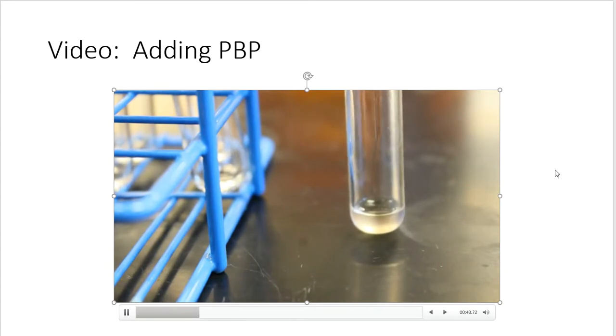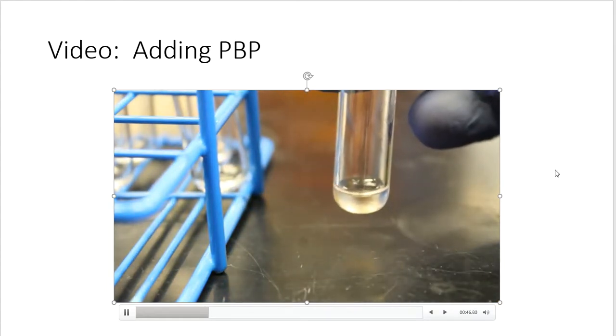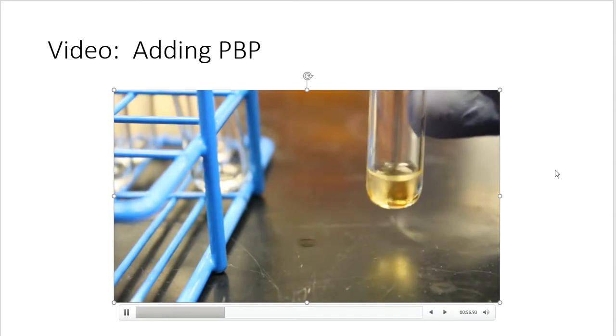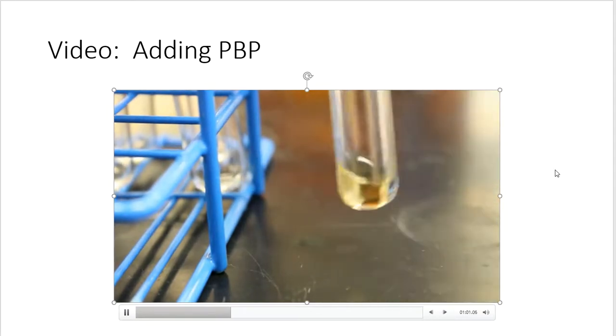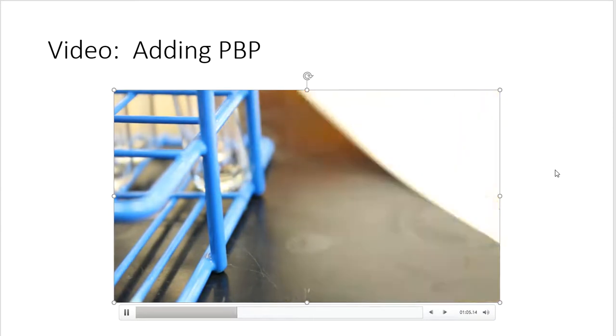Then it says if the color does disappear, we're going to add 10 more drops. There it is. I'll give it another shake. And again, you write down what you see.